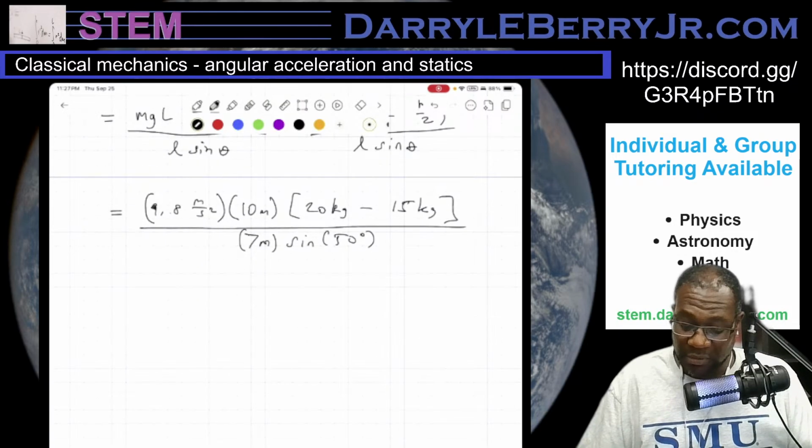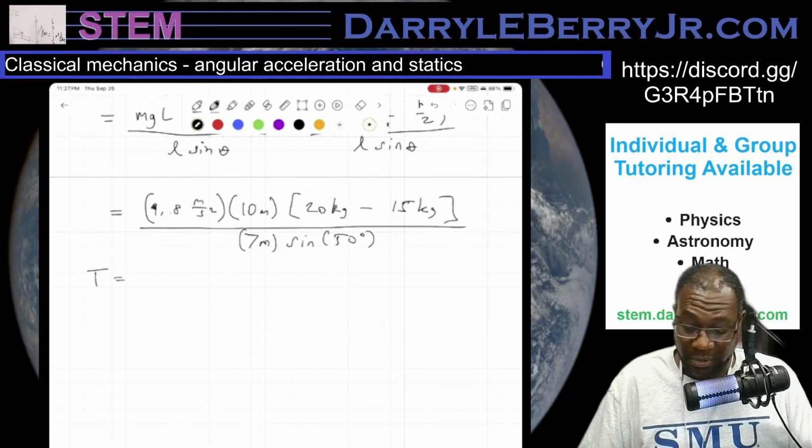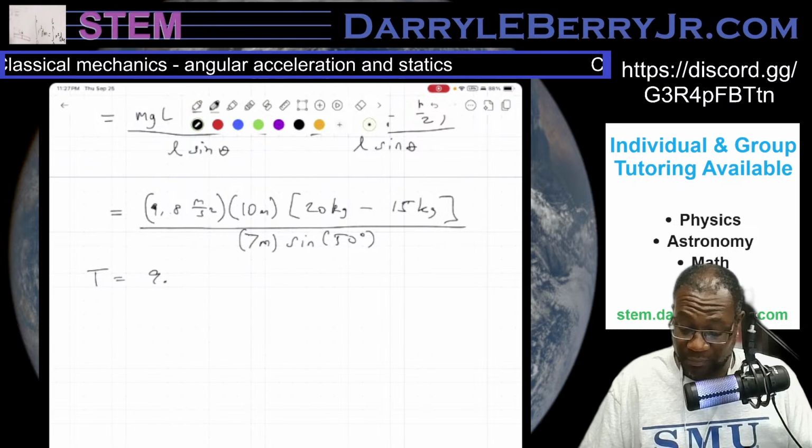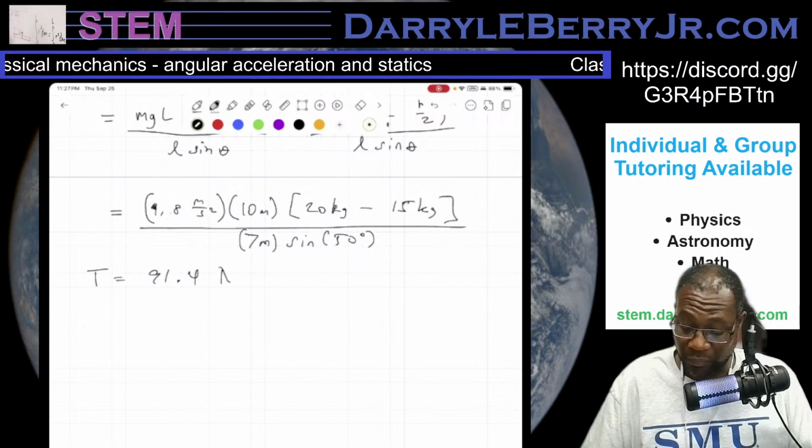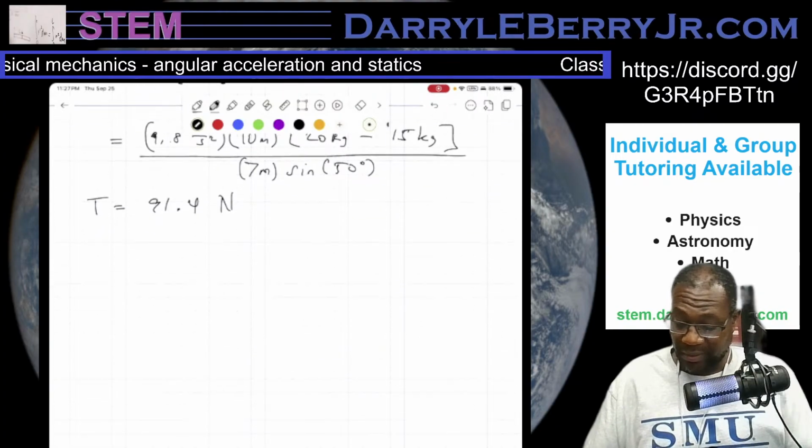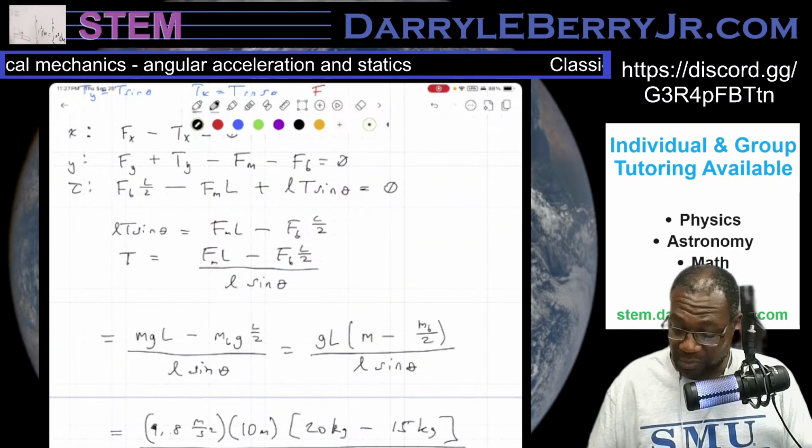All right, so the tension is 91.4 newtons. And let's see what the x component is.